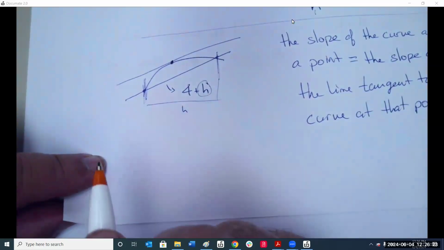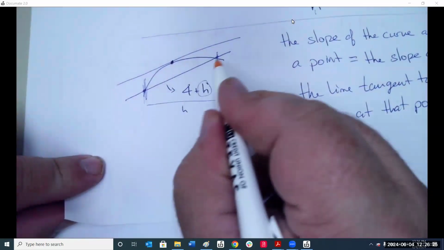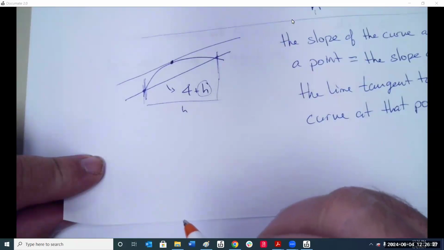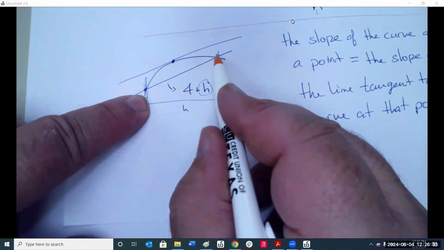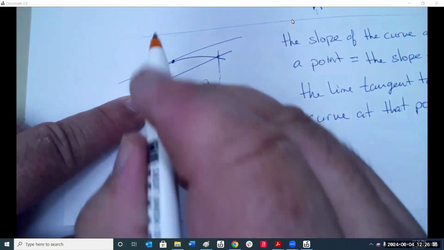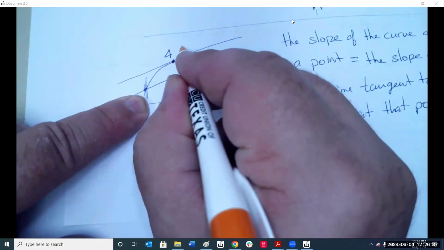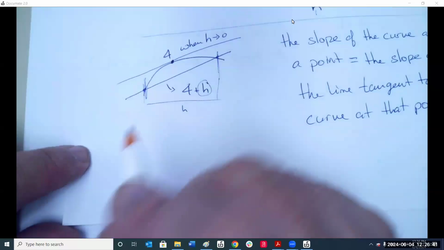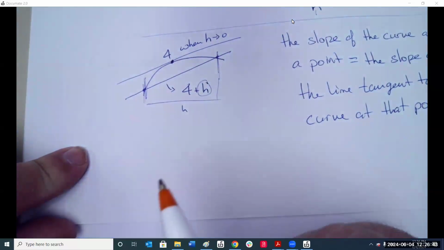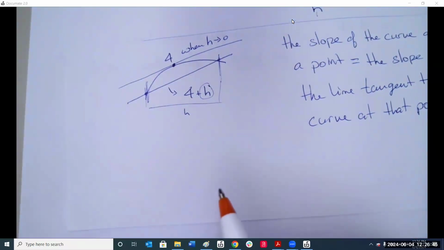When h goes to 0, what happens to this secant line? Well, these points get closer and closer together. Eventually, they become this when h goes to 0. So the slope of the secant line is 4 plus h.